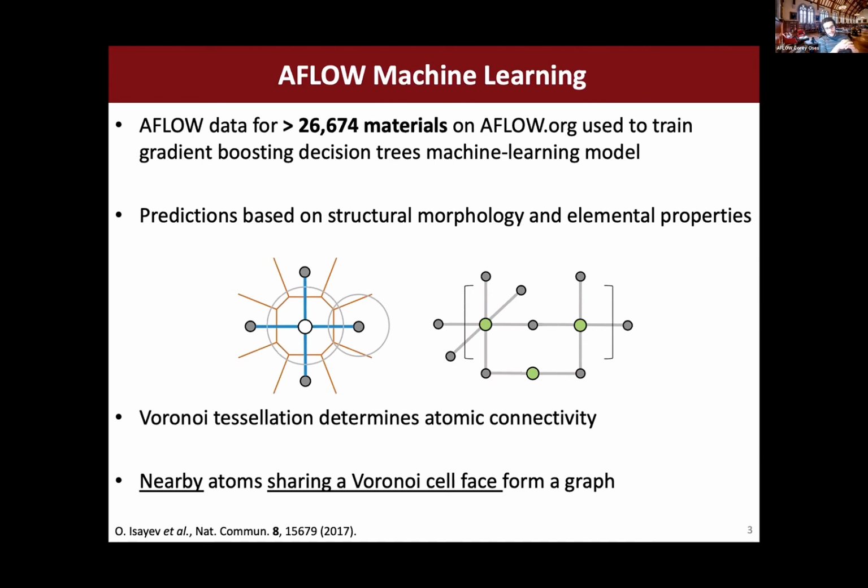Two atoms have to be nearby in order to be connected, but they also need to share this Voronoi face here. So you can imagine if in this case, these two atoms bunch very close to each other, the atom here and the one corresponding over here may not share a face, and so they're not going to be connected. So geometry is important too.